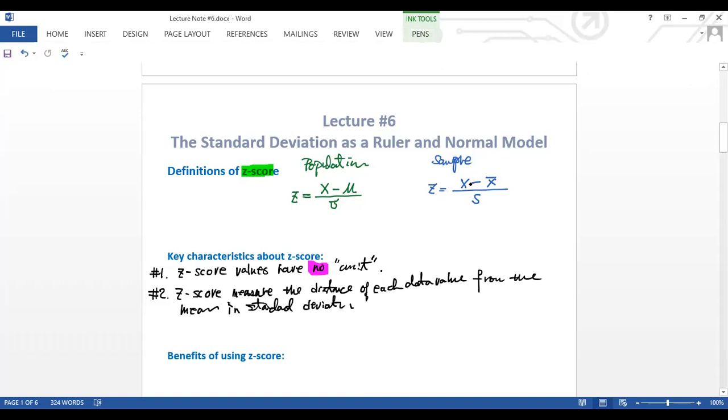If you look at the formula, it's x minus x bar divided by s.